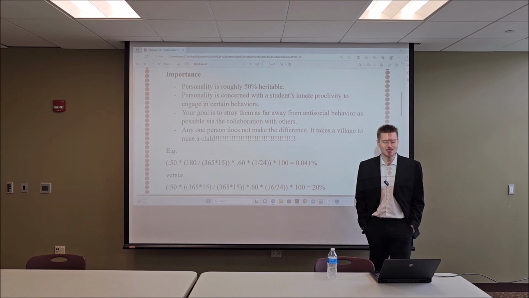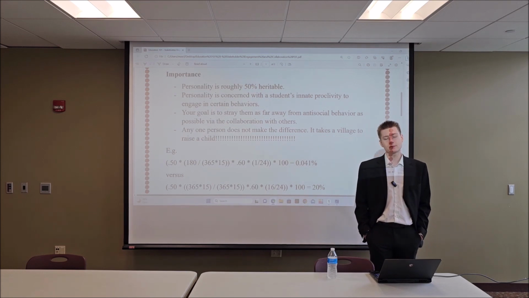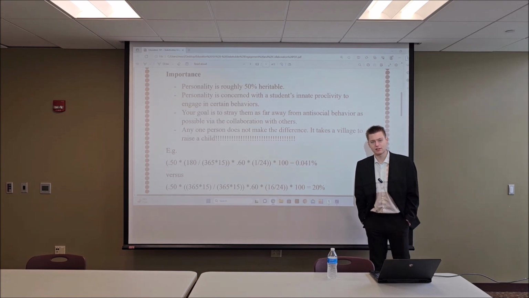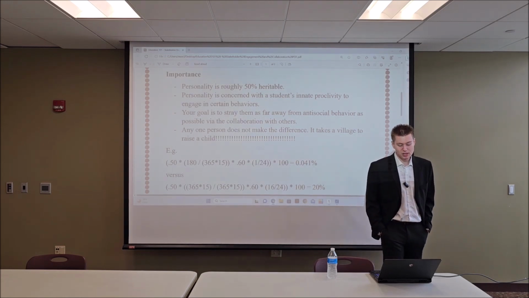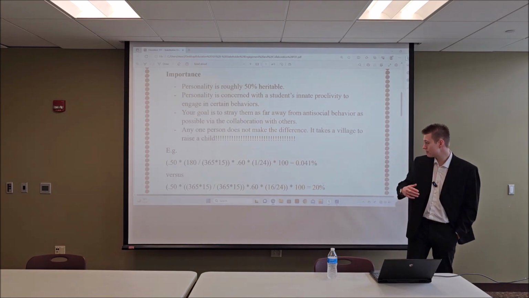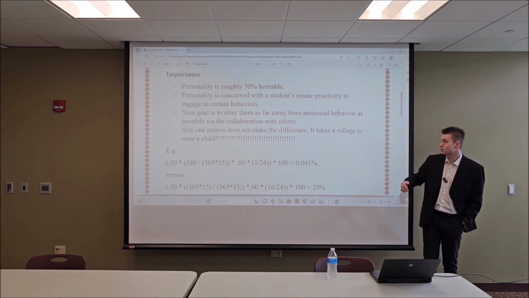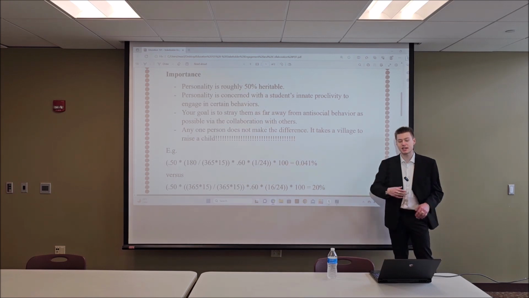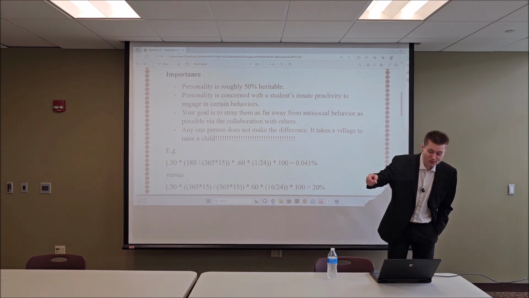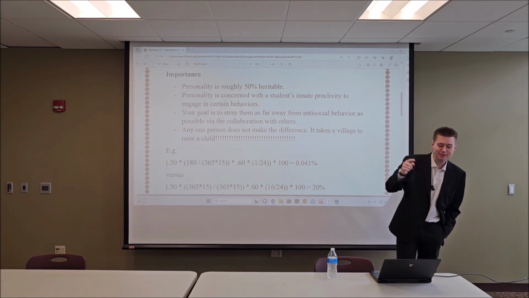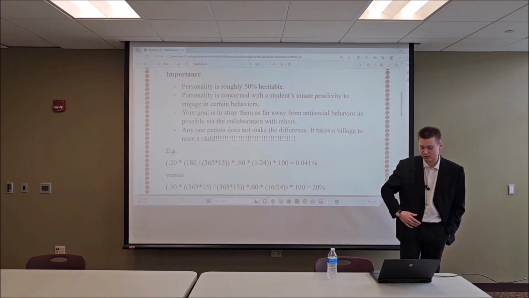They're just going to stay like that. So personality is roughly 50% heritable for students, 50-50. Now, personality is concerned with the student's innate proclivity to engage in certain behaviors. They're inclined to engage in certain behaviors, and your goal is to stray them as far away from antisocial behavior as possible via collaboration with others.